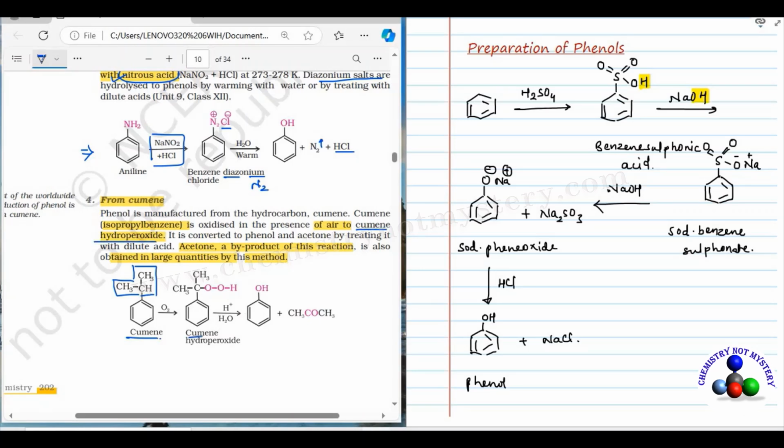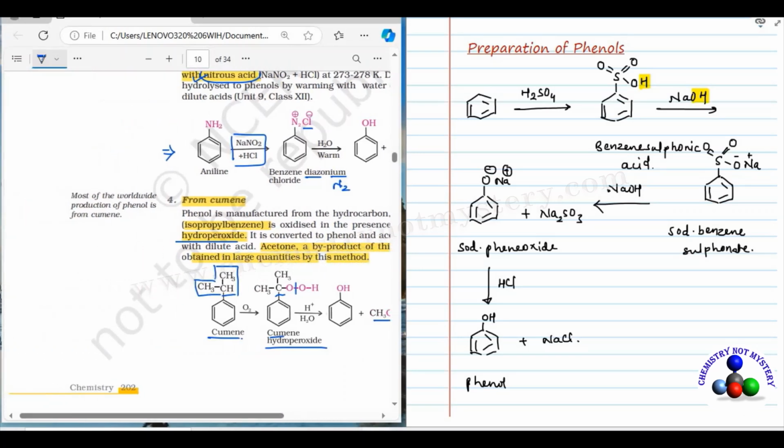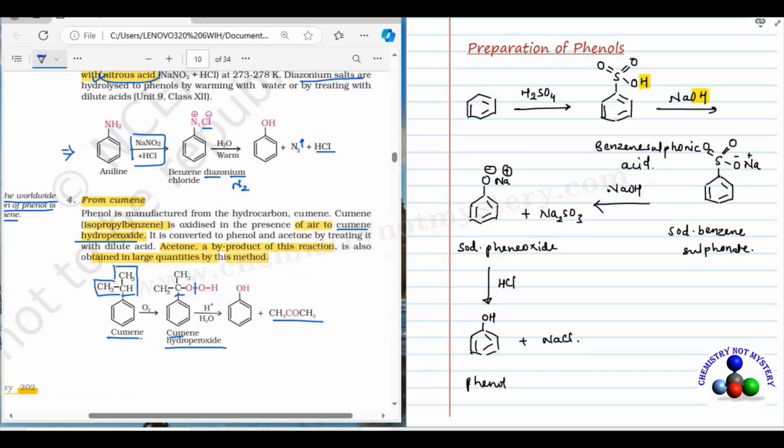After the hydrolysis, you will get acetone as a byproduct and phenol is produced. So by this reaction, we will get phenol and acetone as a byproduct, which is also a useful compound. That's why most of the worldwide production of phenol is from cumene, because in this reaction, the byproduct which is obtained can be very useful.